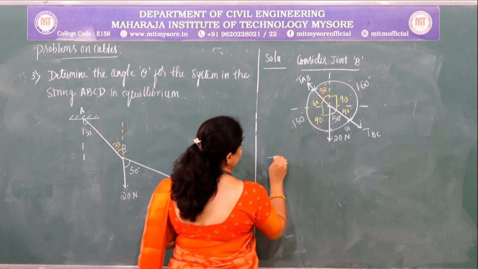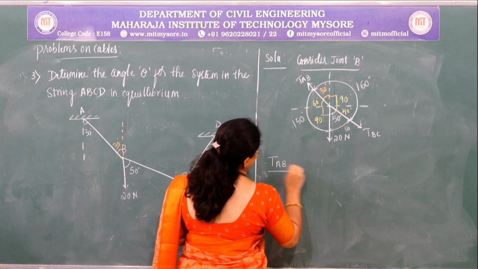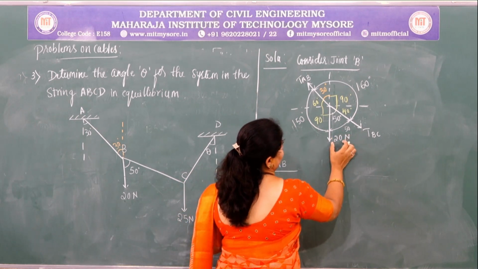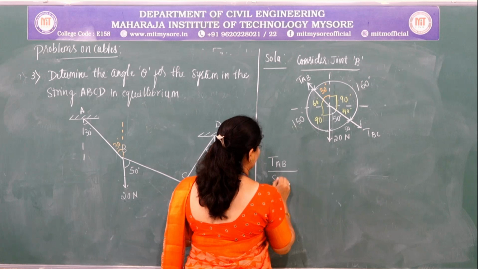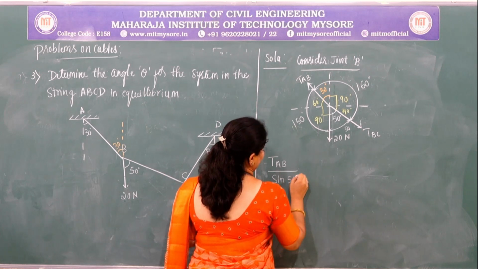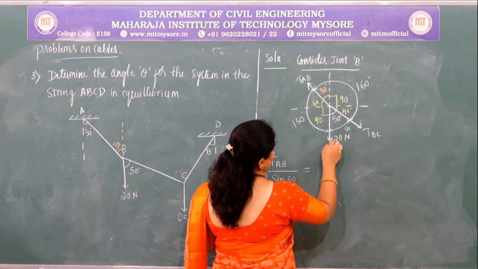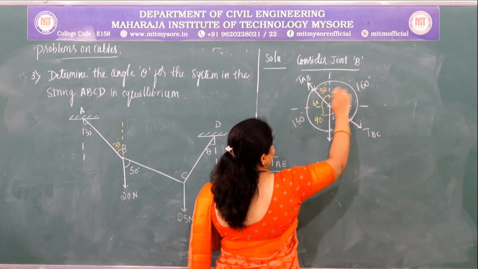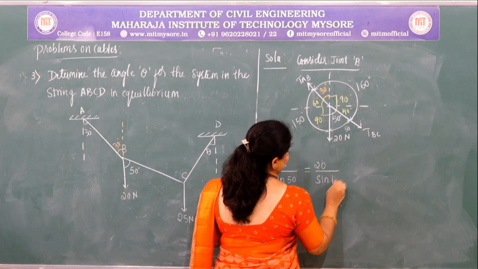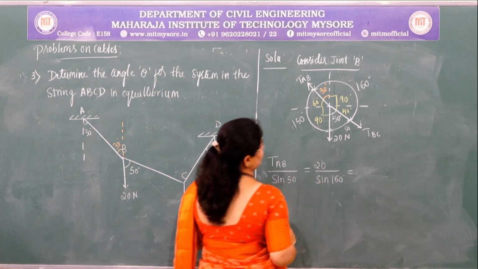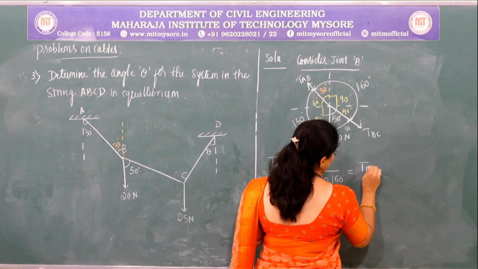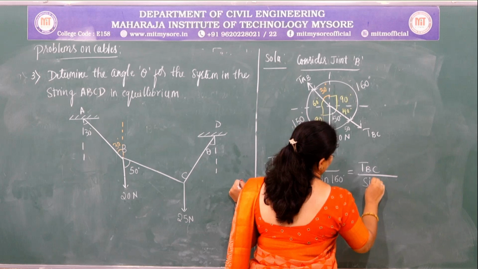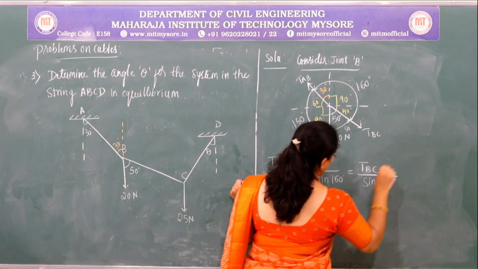First force here is TAB divided by the angle between other two forces, 20 Newton and TBC, which is given as 50 degree, that is sine 50, which is equal to second force here, 20 Newton divided by the angle between other two, 160, that is sine 160, which is equal to the third force TBC divided by the angle between other two, 150, so sine 150.